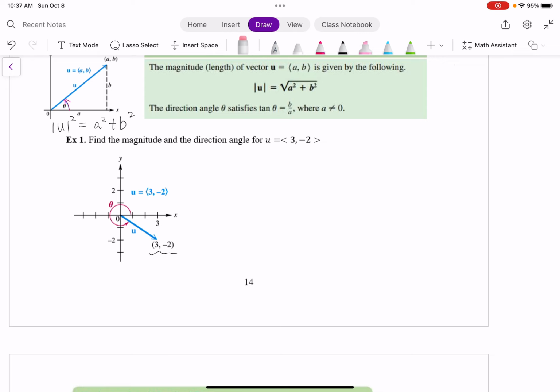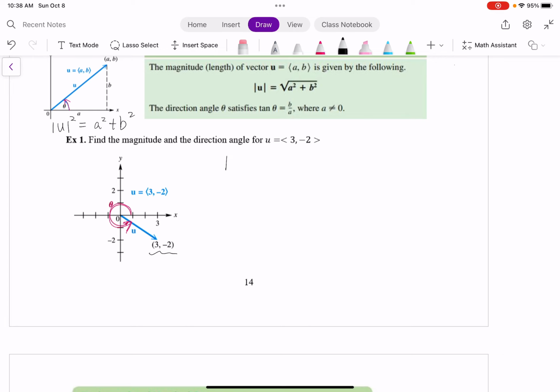From the origin (0, 0) connected to the endpoint (3, -2), I get my vector u. The direction angle is from the initial side to the terminal side. This angle is theta.